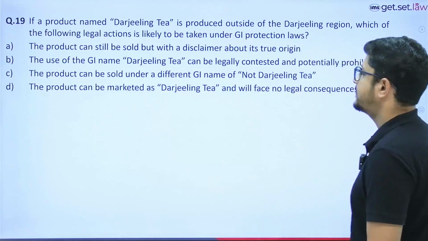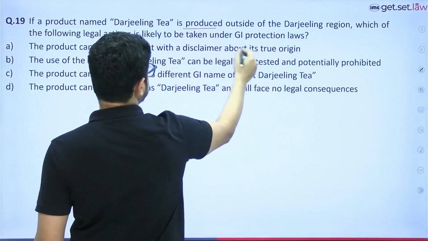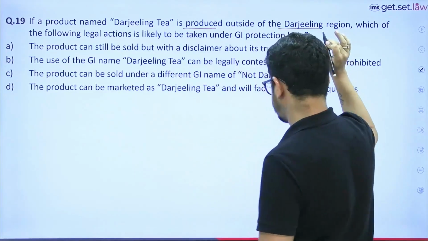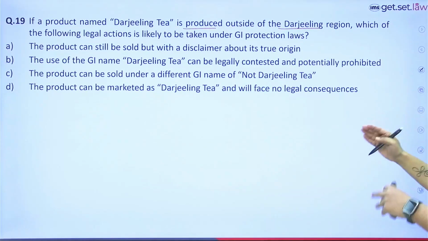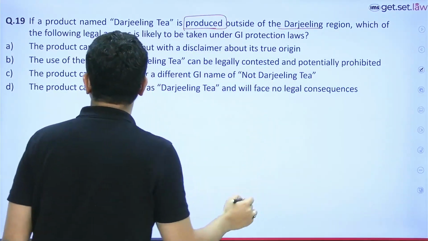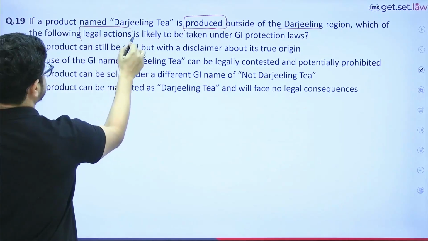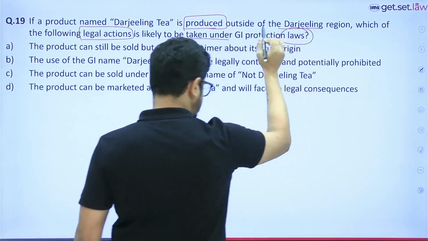Chalo. 19. It says if a product named Darjeeling tea is produced outside of Darjeeling region, we need to understand properly. What the question says is that Darjeeling tea is produced outside the Darjeeling region. Which of the following legal actions is likely to be taken under the GI protection laws?